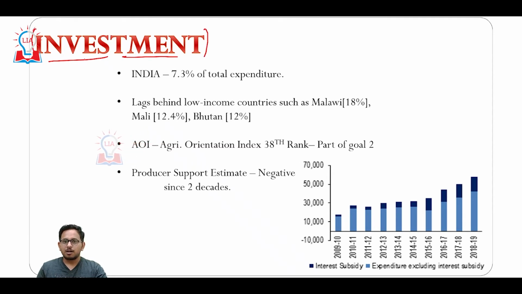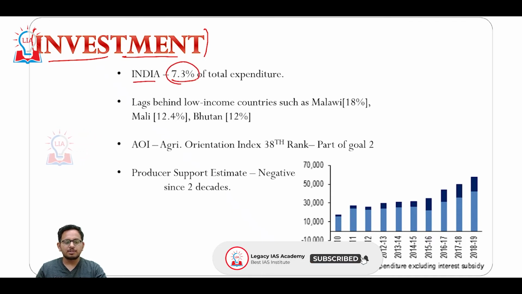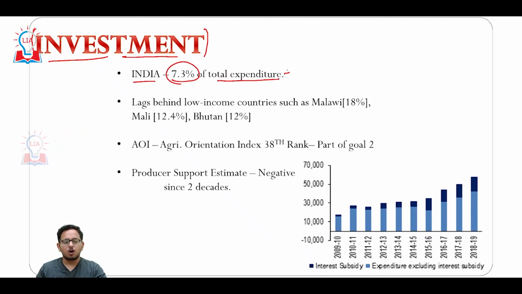Let's see the investment part. India spends almost 7.3% of its total expenditure on agriculture. And this is very less when compared to low income countries. India is classified under middle income country, but it lags behind the agricultural expenditure of most of the low income countries. For example, Malawi, which is an African country, spends almost 18% of its expenditure on agriculture.